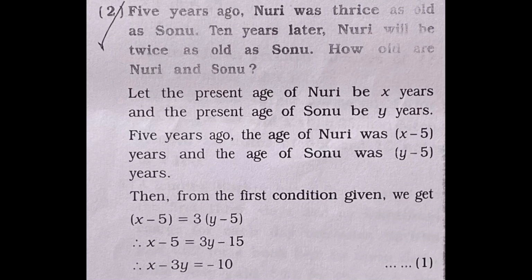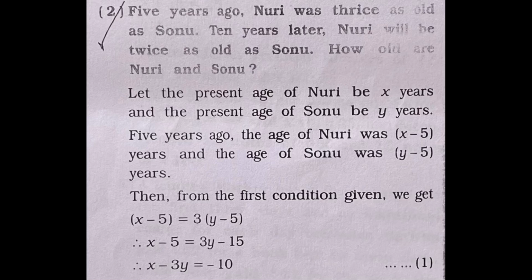So let the present age of Nuri be x years and the present age of Sonu be y years. In the first condition, their ages are compared before 5 years. So if the present age of Nuri is x years, then before 5 years her age was x minus 5. And similarly, before 5 years the age of Sonu was y minus 5.